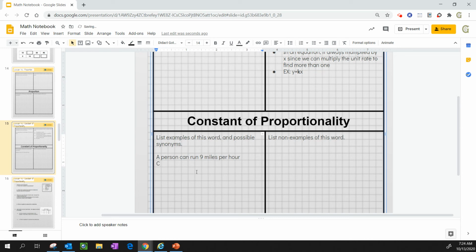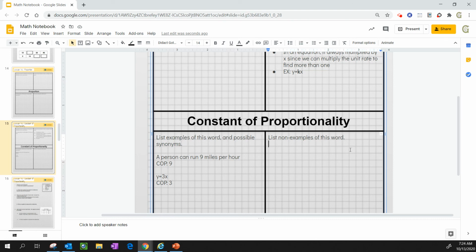The constant of proportionality would be 9 because that's the unit rate. In 1 hour, they can run 9 miles. If I had an equation like y equals 3x, the constant of proportionality would be 3 because we said it's what's multiplied by. So in that particular situation, it would be 3 as your unit rate there. And we could see it from tables and we could see it from graphs as well. And we'll do some more practice with that with tomorrow's work.